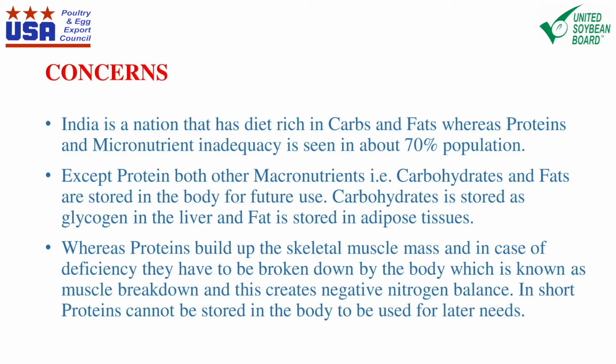Except proteins, both other macronutrients, carbohydrates and fats, are stored in the body for future use. Carbohydrate is stored as glycogen in the liver, and fat is stored in adipose tissues.